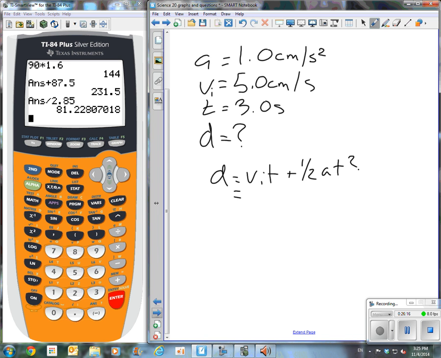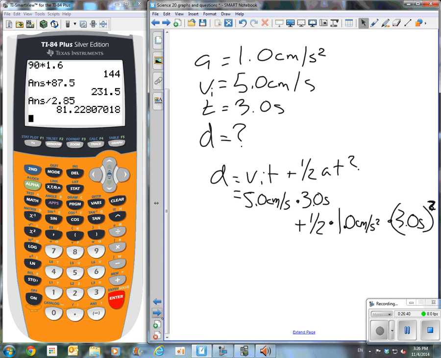And my displacement is going to be in centimeters, so that's beautiful here. So this is 5.0 centimeters per second multiplied by 3.0 seconds, plus a half times 1.0 centimeters per second squared multiplied by 3.0 seconds, oh sorry, squared, not cubed, squared.